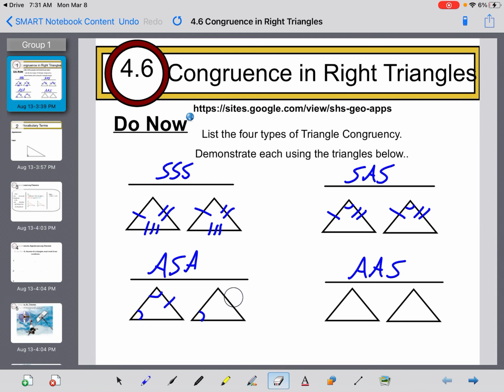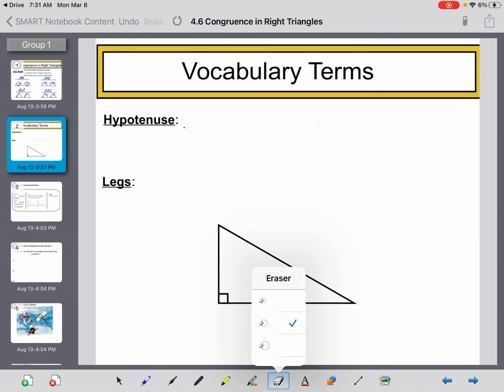Whoops, I'm sorry. This is supposed to be angle, side, angle, and this one is angle, angle, side.